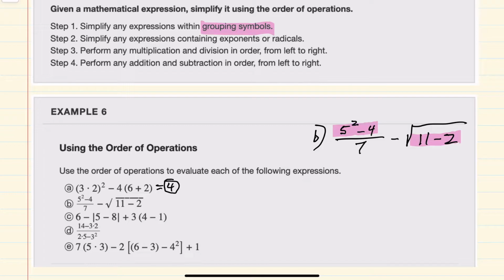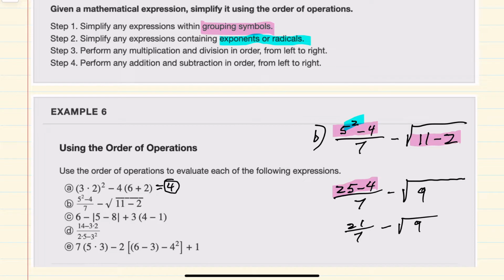And since the next step is exponents and radicals, I would start with the exponent. 5 squared is 25 minus 4. And inside the second radical, 11 minus 2 is 9. I still recognize this as a grouping symbol. So I'll continue and say that 25 minus 4 is 21 over 7 minus the square root of 9.